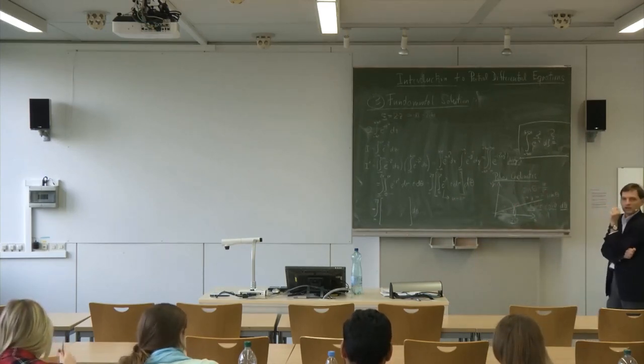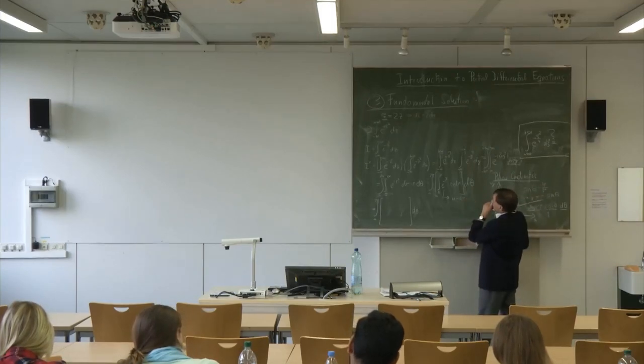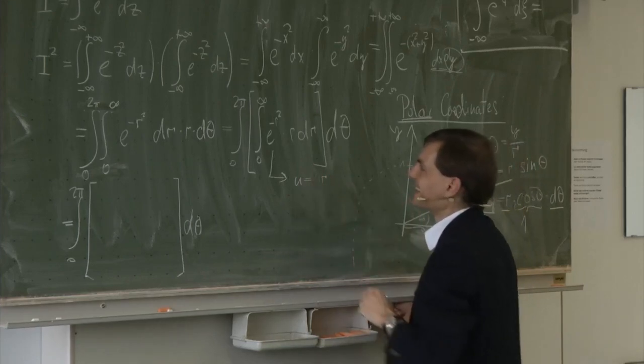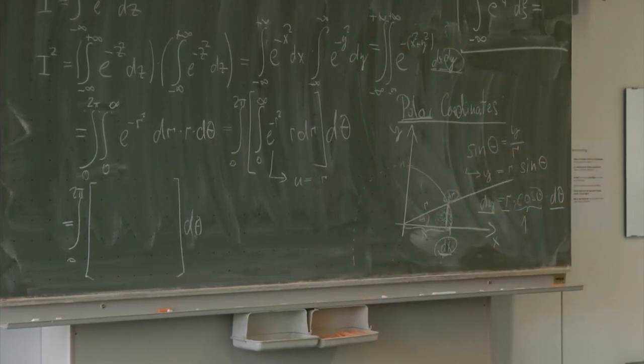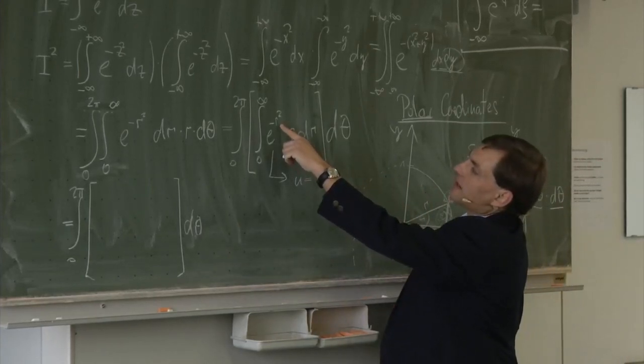Well, I have to think about. No, that's not a good guess. u is equal to r. I think that's a good guess. Let's see about this. What do we have then here?